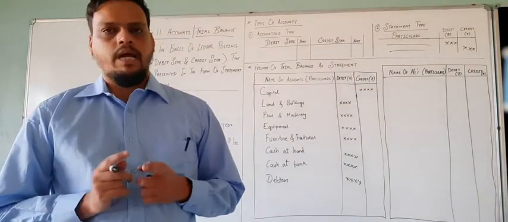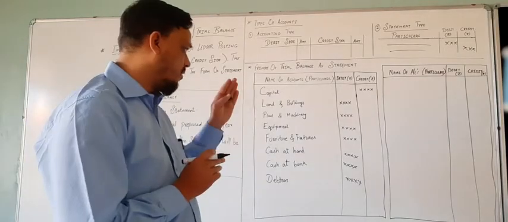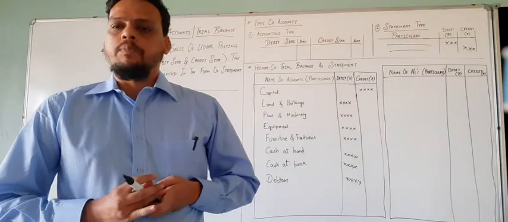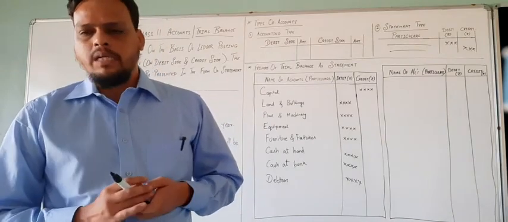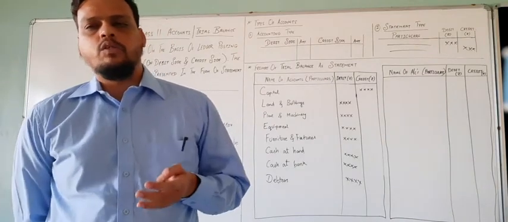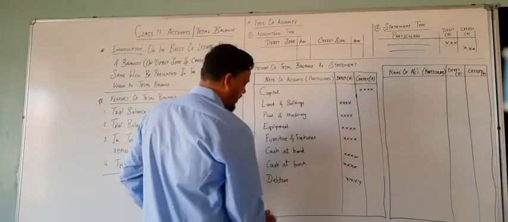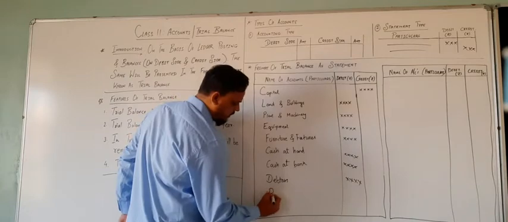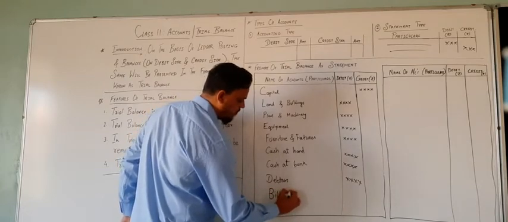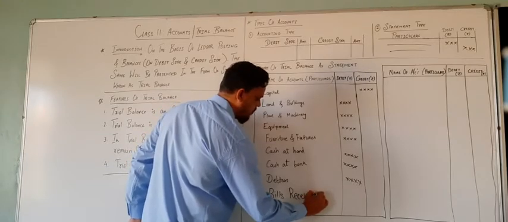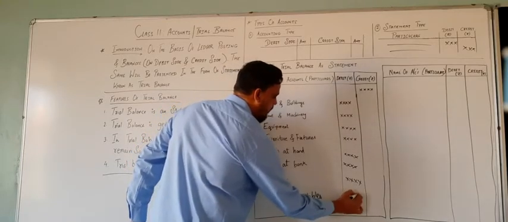Now, make sure that the debit amount should be on the debit side, credit on the credit side. Now, bills payable, stock of raw material, stock of finished goods, all these things are on the debit side. So, I'll go with this. Bills receivable on the debit side.